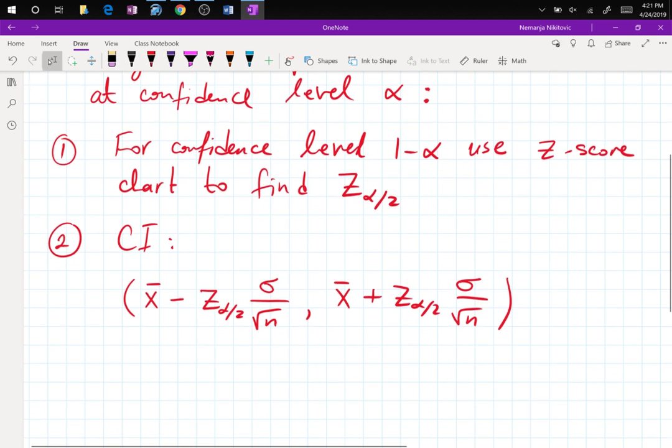Now, this part over here is the margin of error, which we call D. Same as that.